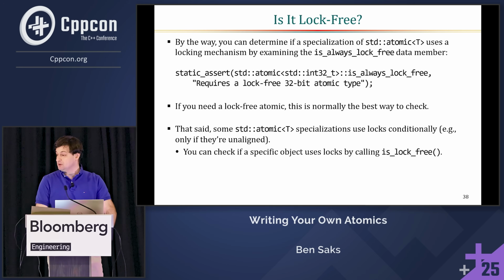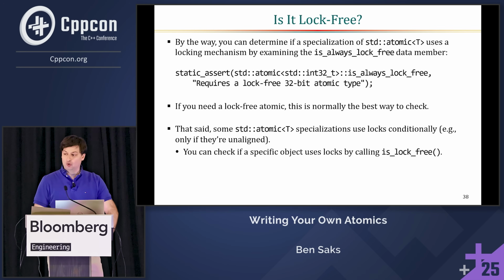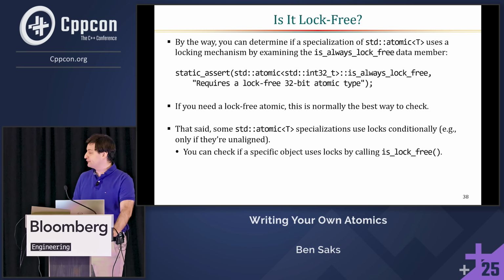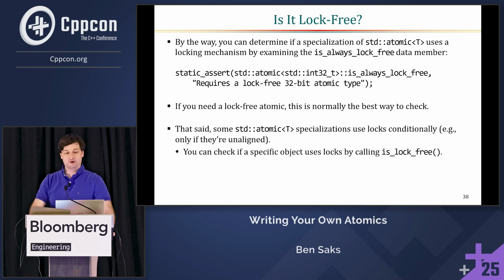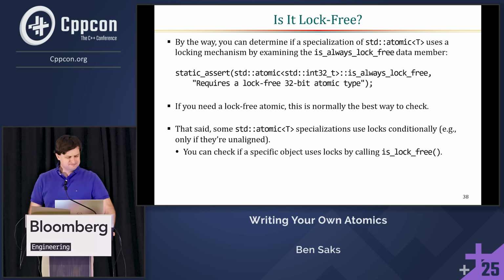And that's generally what people recommend in order to test that kind of thing. Now, the reason it's called is_always_lock_free is that there is actually also an is_lock_free property that doesn't have the word always in it. It's implemented as a member function.